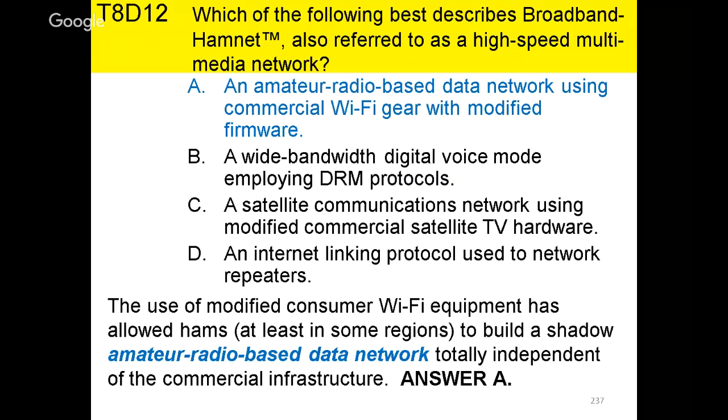It allows hams in some regions to build a shadow amateur radio-based data network totally independent of the commercial infrastructure. It's just like having a ham radio internet, basically. Whatever's on the ham radio internet is what you have access to. And that's your broadband Hamnet.